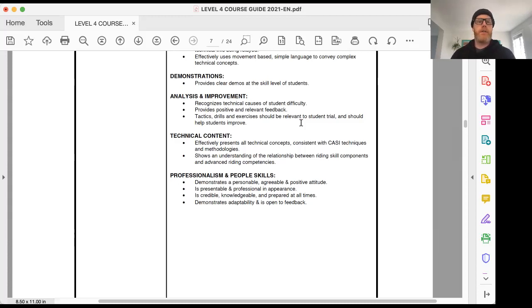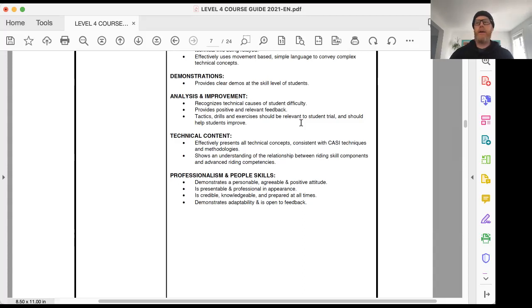Often on these teaches in the level 4, and sometimes on the instructor training sessions as well, one of the common pitfalls that we see with candidates is this impression that you need to invent a new technical concept that nobody's ever heard of before. And really that's a huge gamble, and it's not what we're looking for at this level. What we're looking for from you is a refined mastery of the CASI technical content.